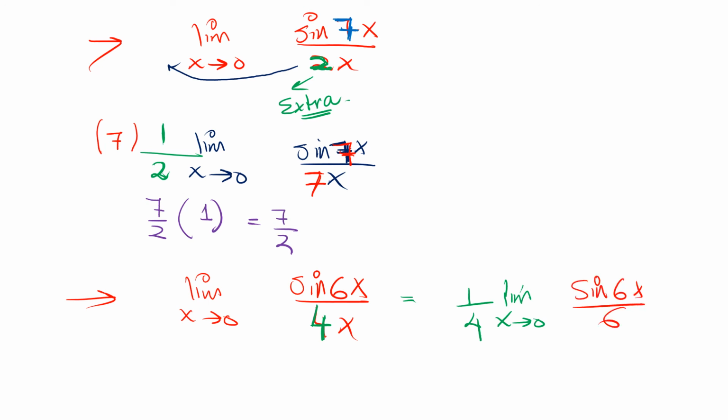Now what do you need in the denominator to balance the equation? You need 6. So write 6 in the denominator, and to balance the equation, multiply by 6 outside the limit sign. So 6 times 1 over 4 gives you 3 by 2, and the whole term is equal to 1. So the answer is 3 over 2.